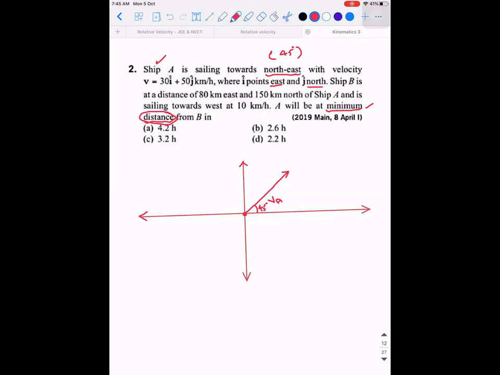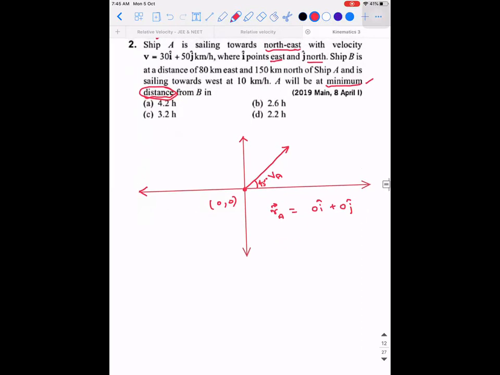We have considered wherever the ship A is starting to be the origin. So with respect to the initial position of A, that is 0, 0, where is the second ship? That is, if I take the position vector of A as 0 i cap plus 0 j cap. I hope you are able to understand this. Right, concentrate. Then what will be the position vector of B initially?